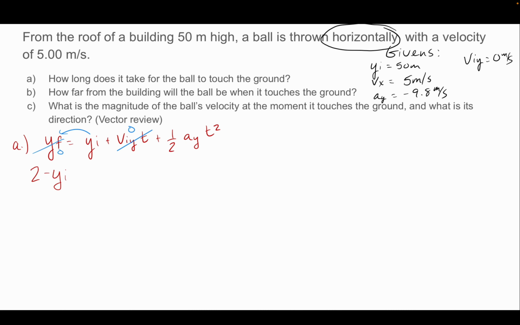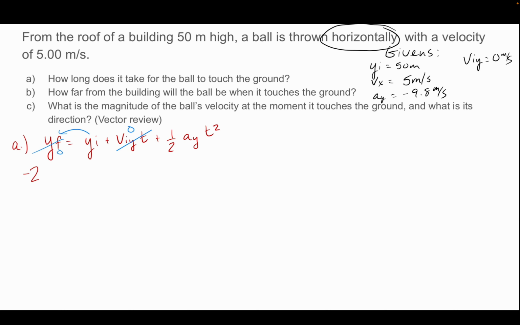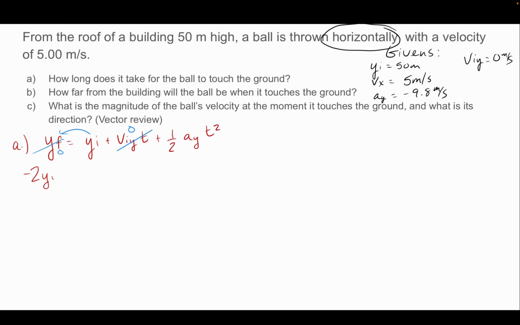This guy's 0 because it's going to fall on the ground. Okay, so you're going to see that it ends up working out. We've got negative 2yi because I brought it over, and that is going to be divided by ay, which is going to be equal to t squared. Take the square root of both of those, you're going to get your t.